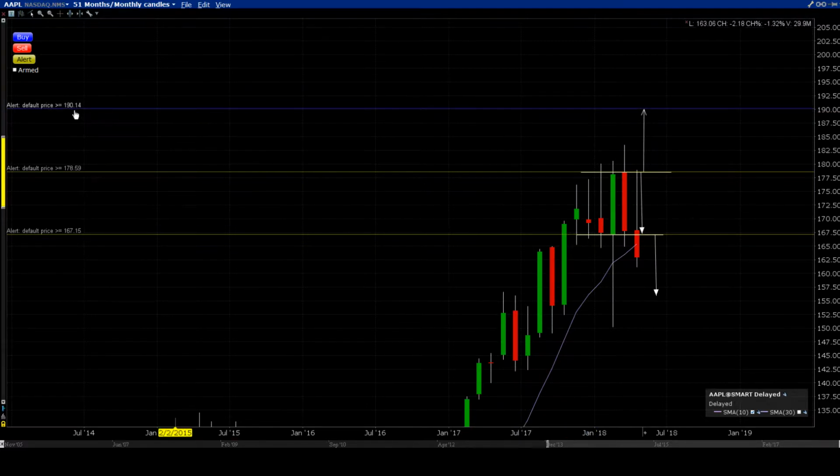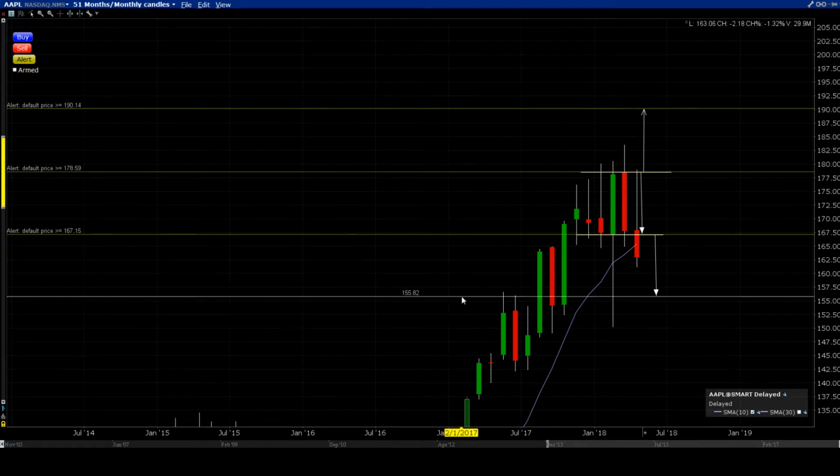190 would be the upwards target, and right now we're breaking down below the important support at 167. And if we have a monthly close below 167, the implied measured move on the monthly candle chart is 155. And you're all good.